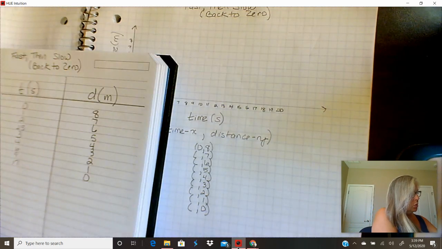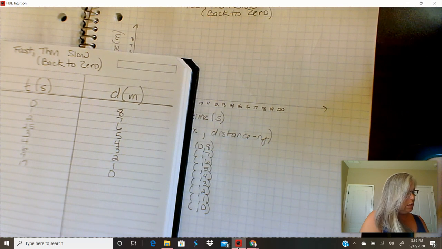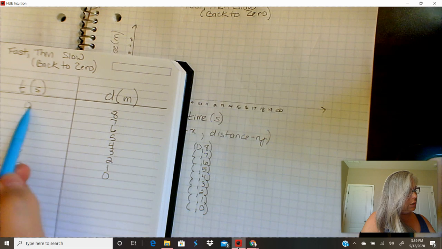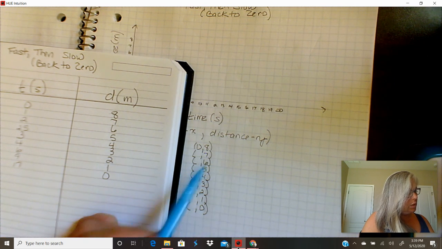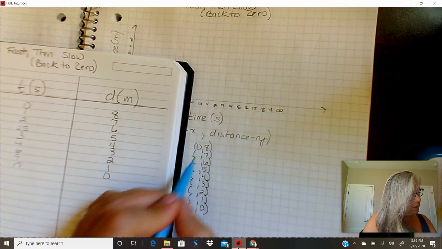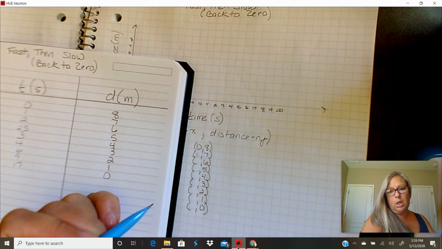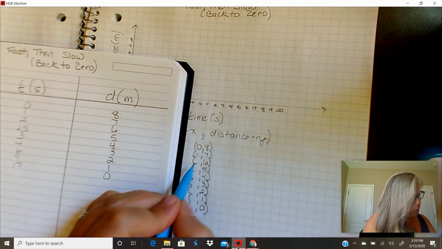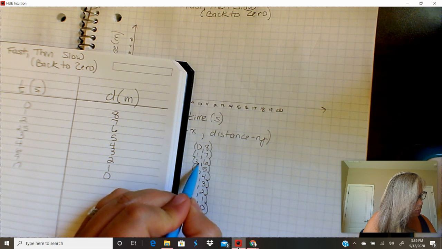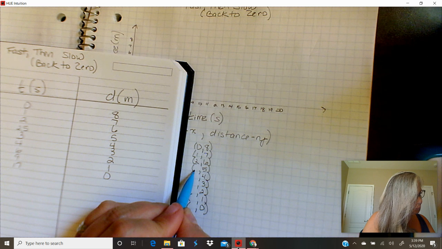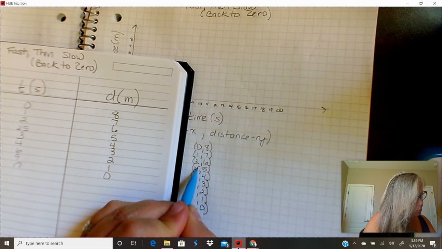All right, so all we need to do is collect our data and turn our data into ordered pairs, coordinates. 0 and 8. Then at the 7, it took me 1 second since I was going fast to get to the 7 meter card. And then it took me another second, so 2 seconds I was at the 6 meter card. And then it took only a half a second to get to the next one, so 2.5.